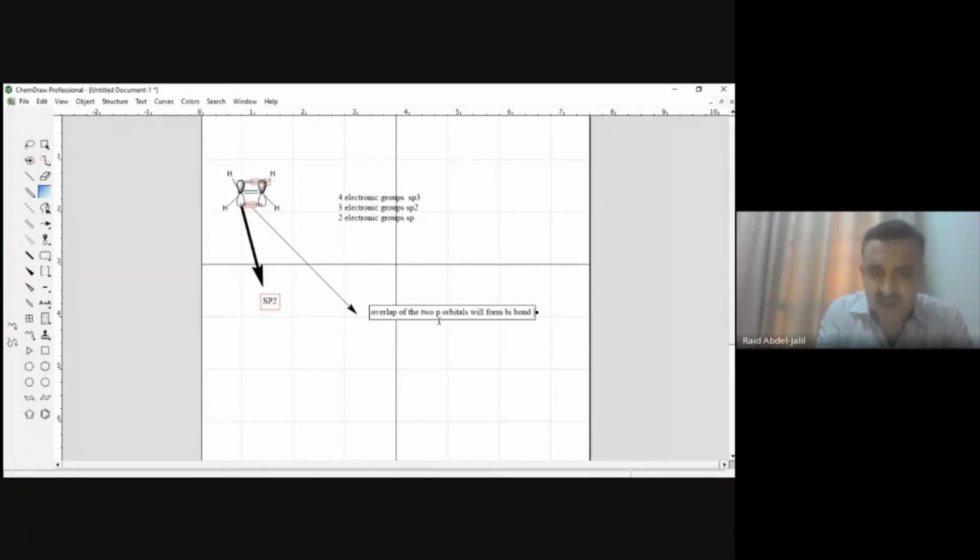I don't have the pi sign for it now; the sign doesn't appear in this software.